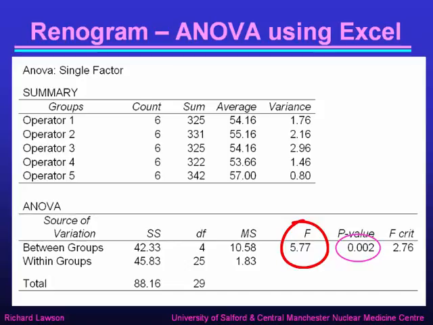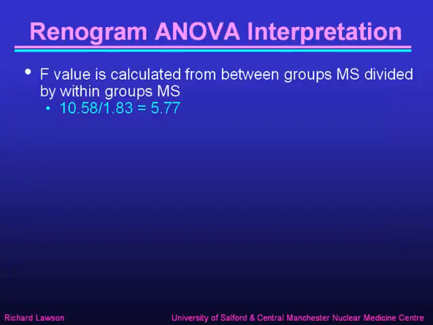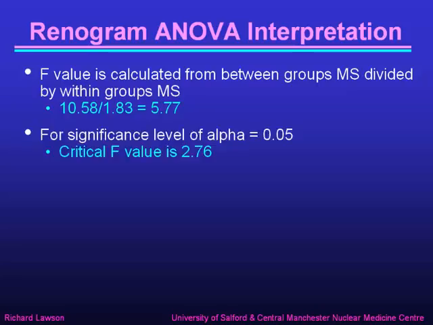So the F value of 5.77 is bigger than the critical value of 2.76. So we have a significant result with a p-value of 0.002. So we interpret that result by saying that the F value, as we saw, calculated from the between groups mean square divided by the within groups mean square, that is 10.58 divided by 1.83, is 5.77, and it tells us that for a significance level alpha of 0.05, the critical value is 2.76.